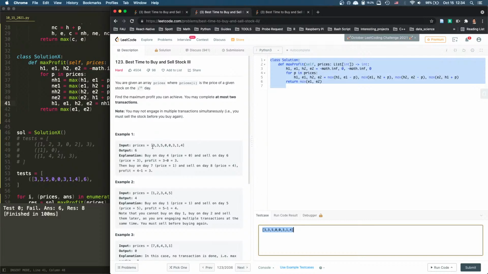Buy on day 4. 1, 2, 3, 4. Price is 0, and sell on day 6. That's 3. And then buy on day 7, and then sell on day 8. How did I get to 8? I don't know. Can I even get to 8?